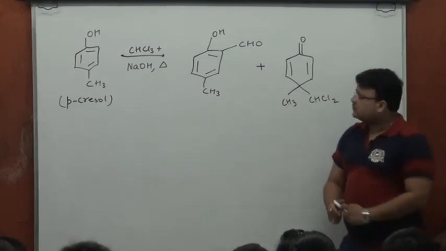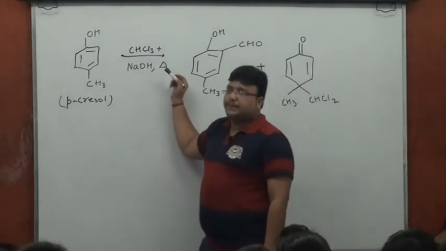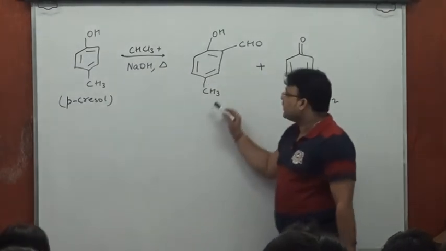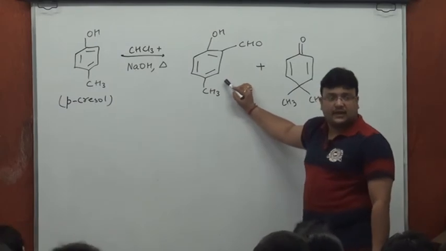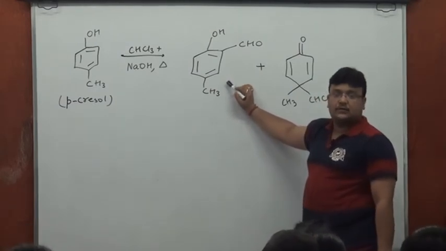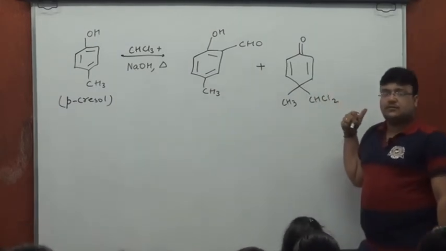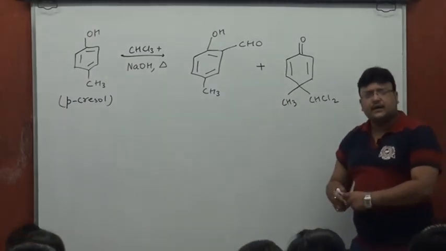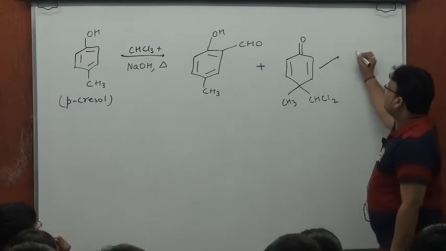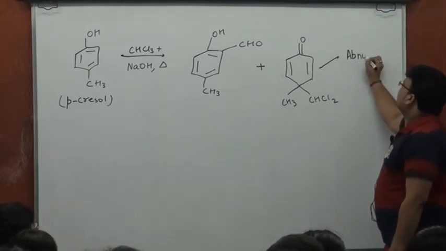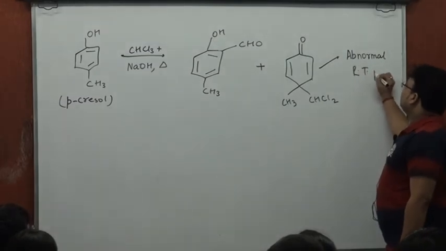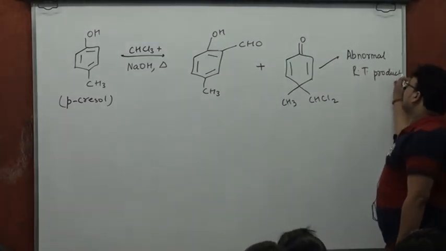If you carry out Reimer-Tiemann over paracresol, I repeat, this is the expected product. Now the para isomer would be very different, very unexpected, and it's also called the abnormal Reimer-Tiemann product.